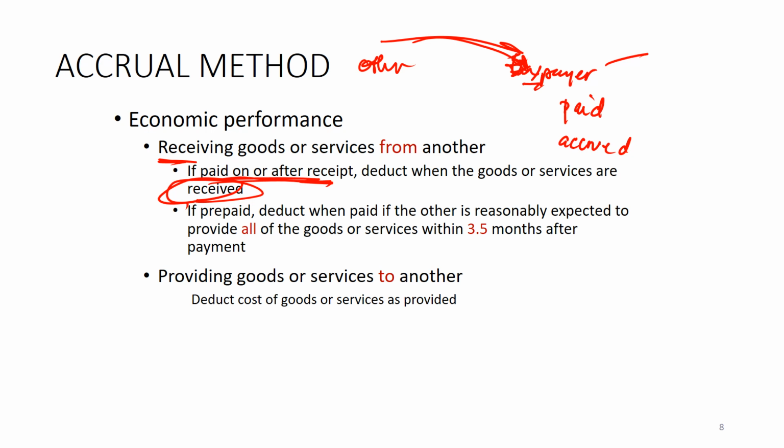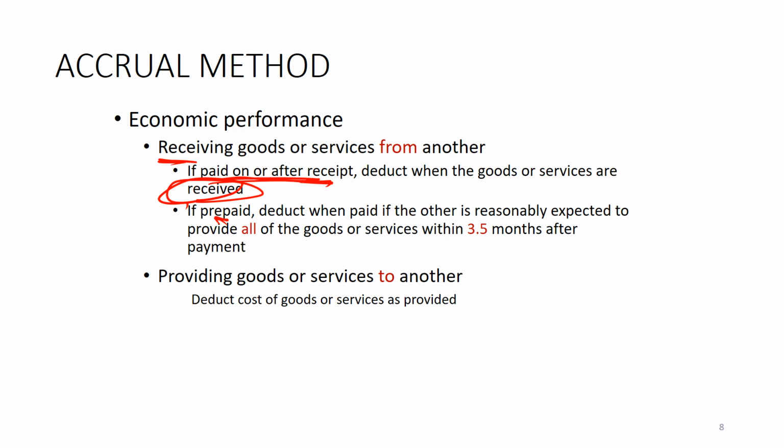If it's something that's prepaid, in this instance, we essentially are paying for this in advance, right? So now I have the taxpayer who is paying something and hasn't received any of the services yet. So now we're actually going to look at a 3.5 month rule.